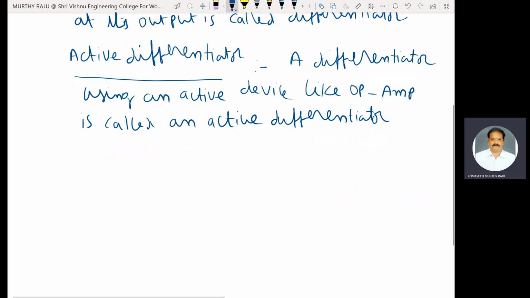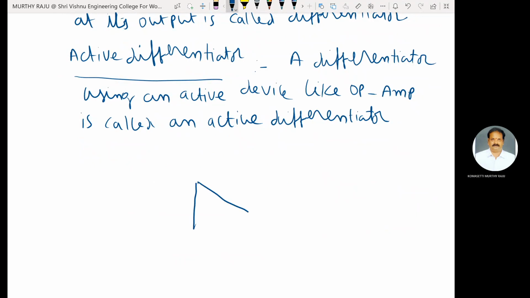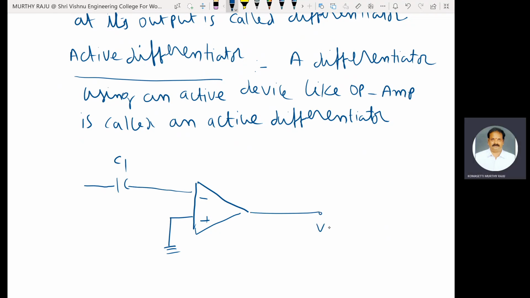This is the active differentiator circuit. Inverting terminal and non-inverting terminal. It is connected to ground. This one is capacitor C1. Output V0. Some load resistance RL is connected here.